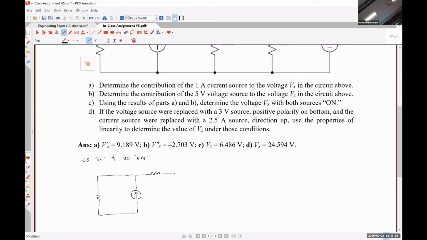A resistor, a resistor, a resistor. And what do we do to turn off our voltage source? Short circuit, that's absolutely right.